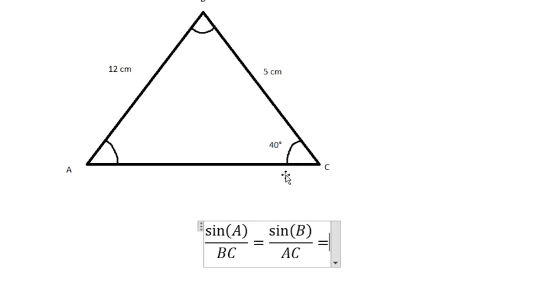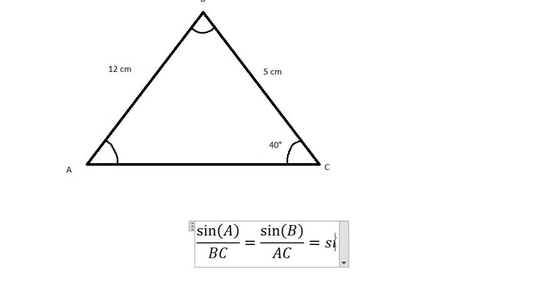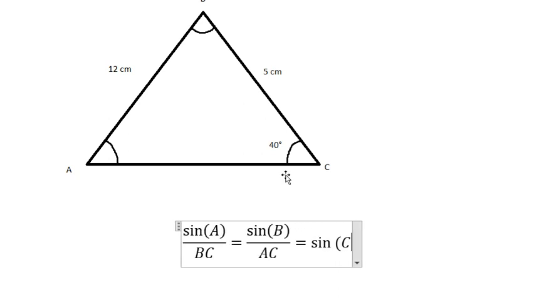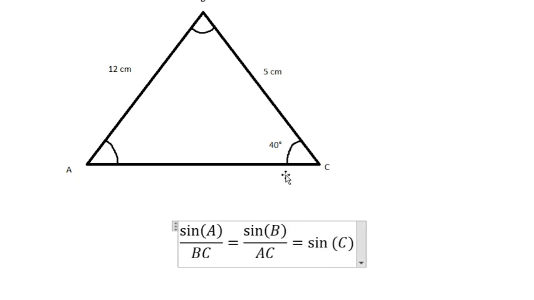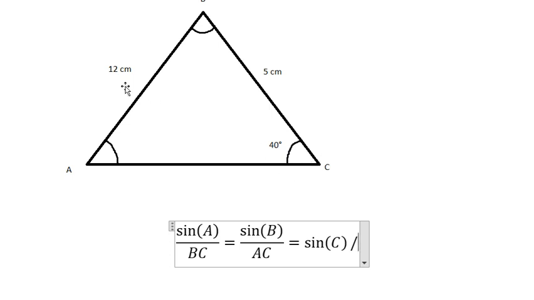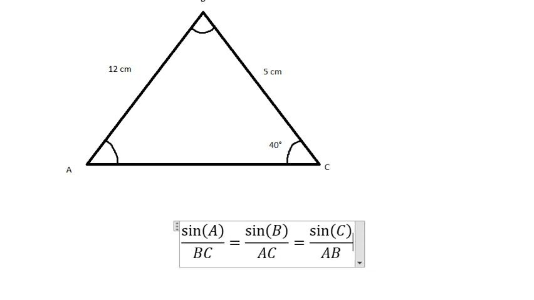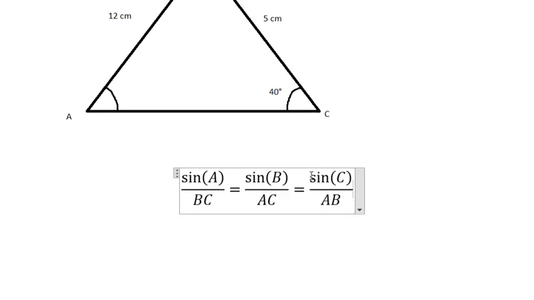And this should be the same as sine of C divided by its opposite side, which in this case is 12 centimeters, or side AB. So this is called the law of sines.